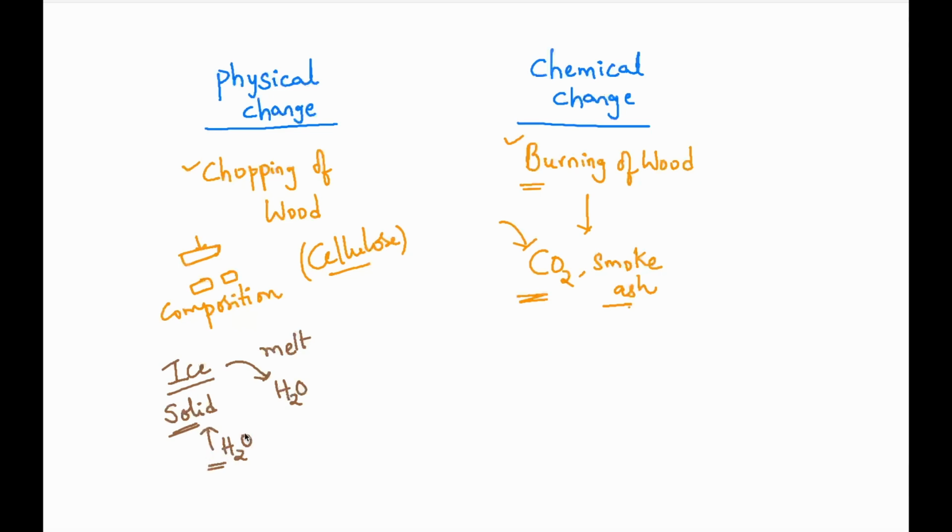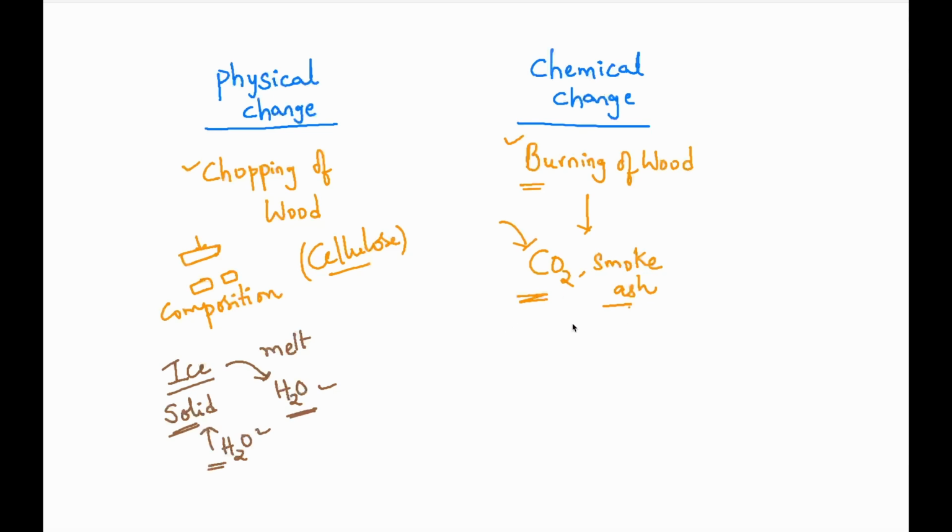So you have two atoms of hydrogen and one atom of oxygen in a molecule of water. Now, liquid water's molecular composition is also the same. It has two atoms of hydrogen and one atom of oxygen. So, melting of ice is considered a physical change because the molecular composition of water is the same in both the solid as well as the liquid forms.